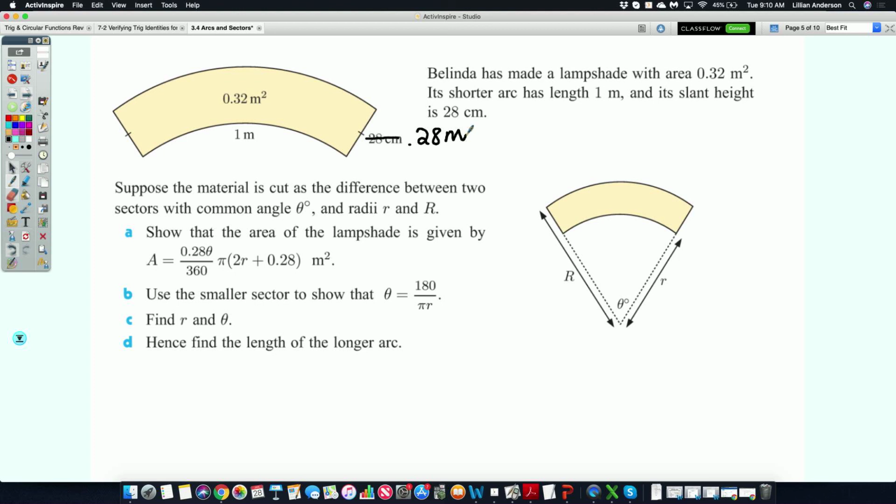Very good. Basically we're taking the area of the big sector and subtracting it from the area of the small sector. This is a show problem, so it's all about your steps to go about doing this.